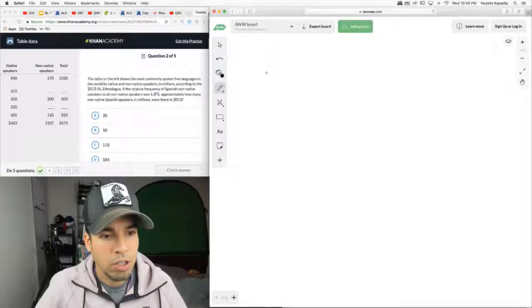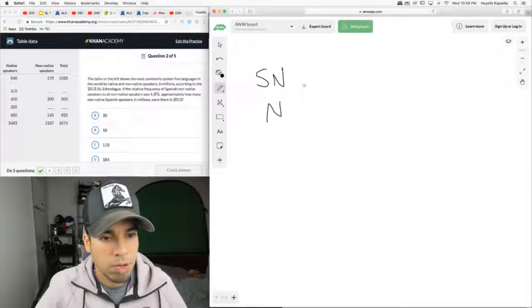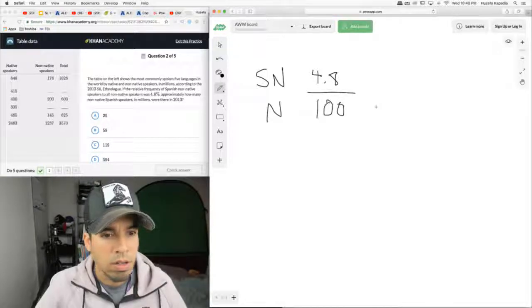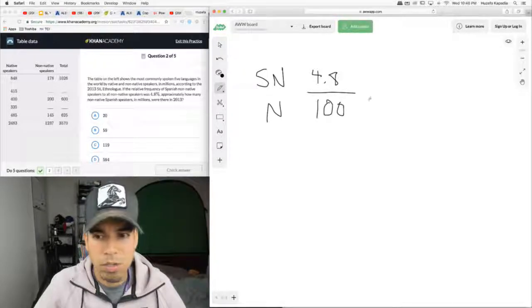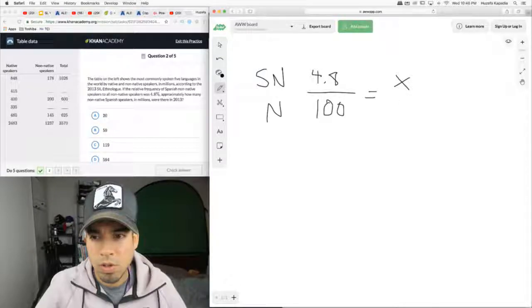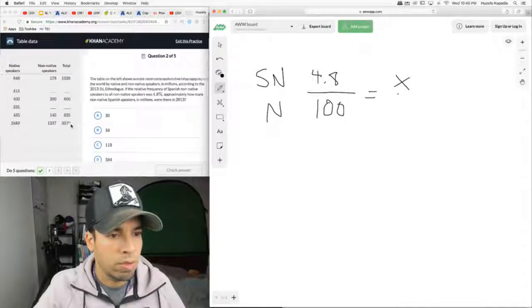Spanish non-native speakers to all non-native speakers is approximately 4.8 out of 100. So let's see if we can figure this out.